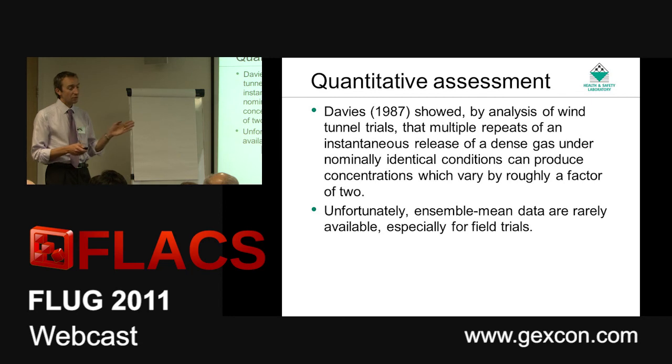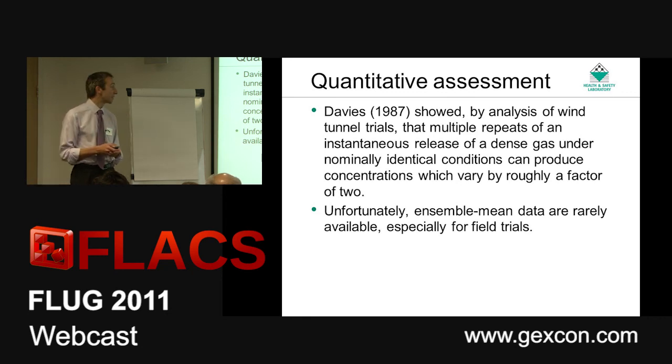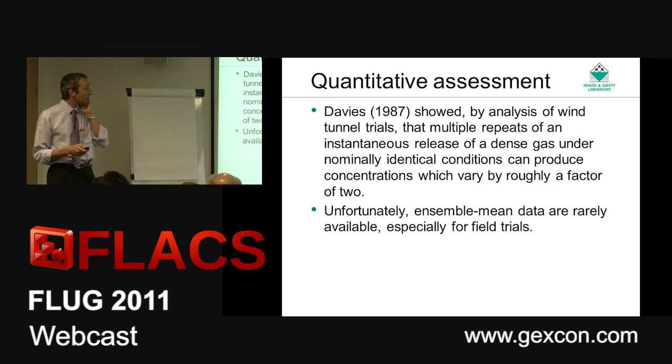Okay, so before I talk about these quantitative assessment criteria in more detail, it's interesting to think about what level of agreement you should be expecting. Now, in this paper by Davies, he looked at some wind tunnel data for two nominally identical experiments. He was getting differences in concentrations downstream of the source, and they were varying by a factor of 2.